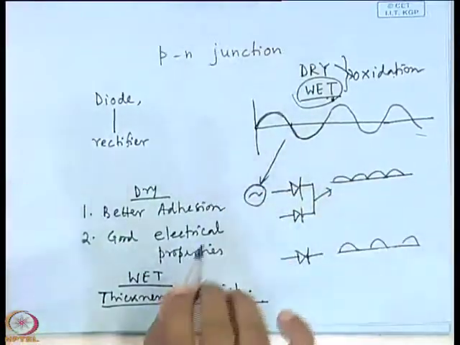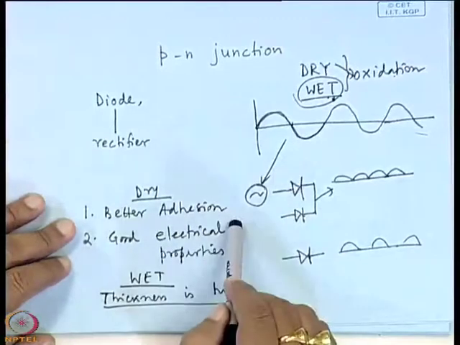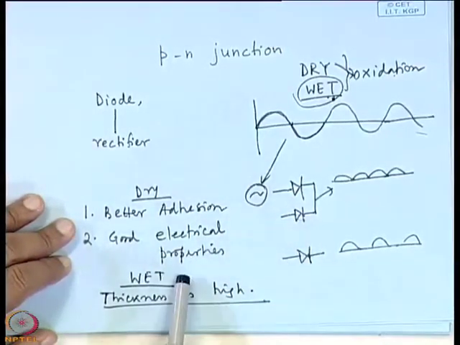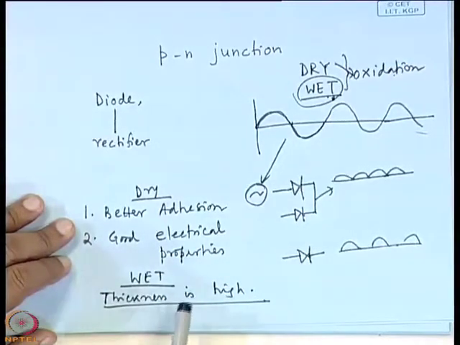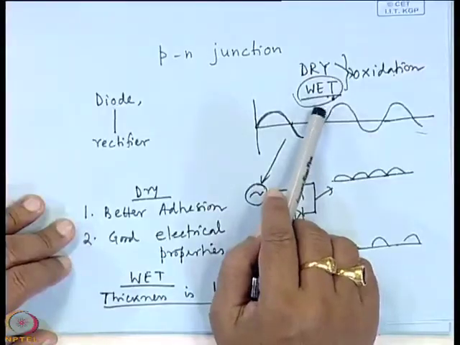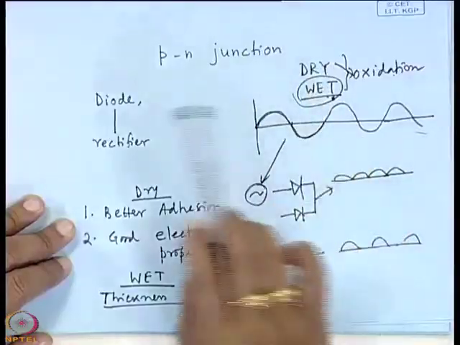So, that is the difference between dry and wet oxidation. For dry oxidation, better adhesion is there along with good electrical properties, but for wet oxidation, the thickness can be made larger. Say you want to make some 2 micron, 5 micron, 10 micron oxide layer, then you must use wet oxidation. For dry oxidation, say 0.1 micron, 0.2 micron, some nanometers of thickness, then you can use dry oxidation.